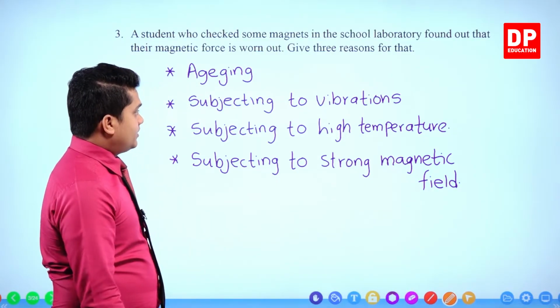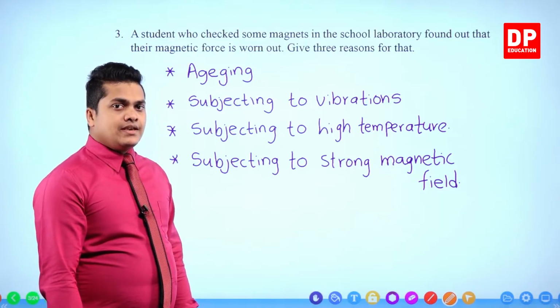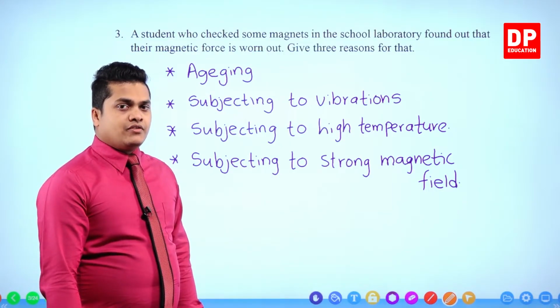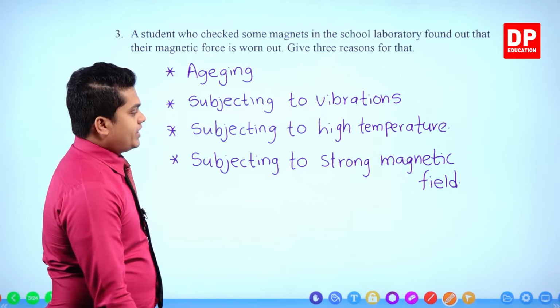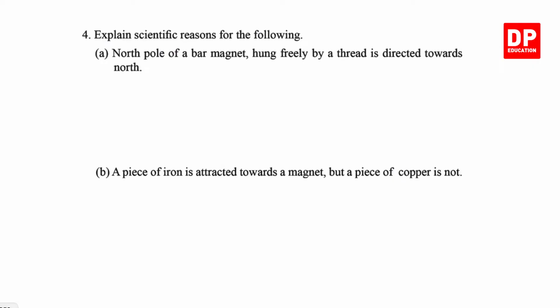So these are the factors which deplete the magnetism of a permanent magnet. Right. So we'll move on with the next question then.